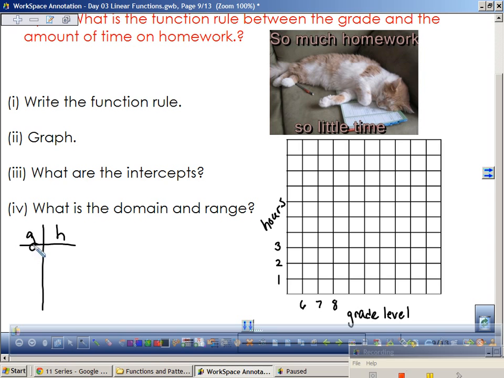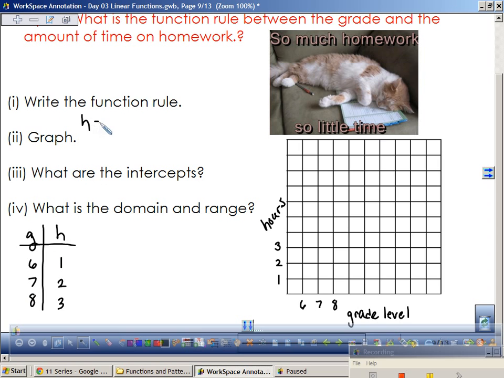Okay. So grade level is 6, 7, and 8. Guys, I'm talking now. So how many hours for grade 6? And 7? And 3. So how would we write a function rule for that?